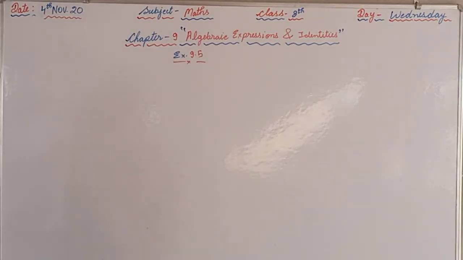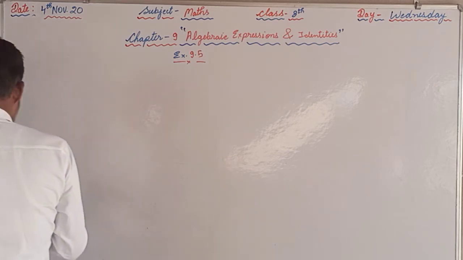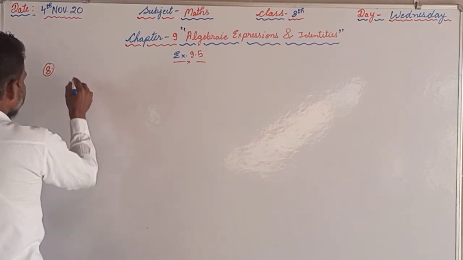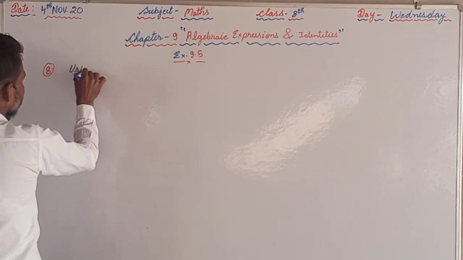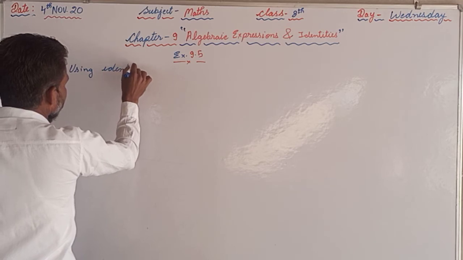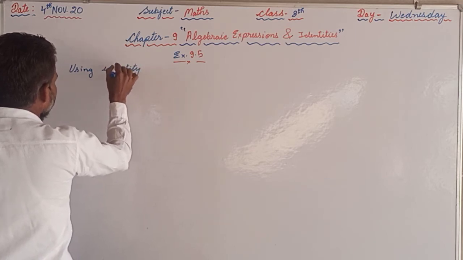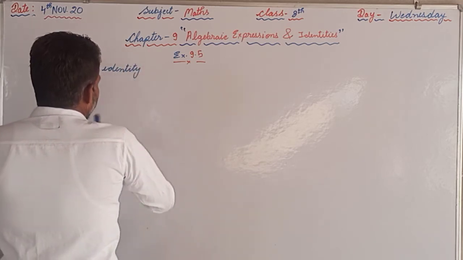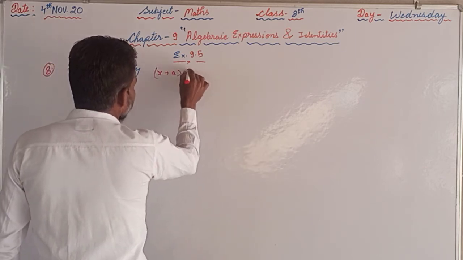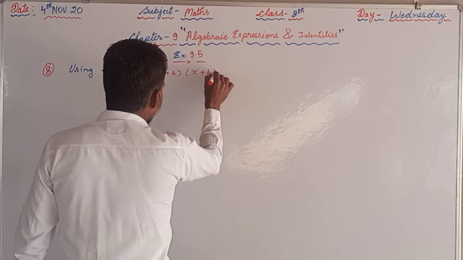In question number 8 also we are supposed to use the given identity, x plus a into x plus b.